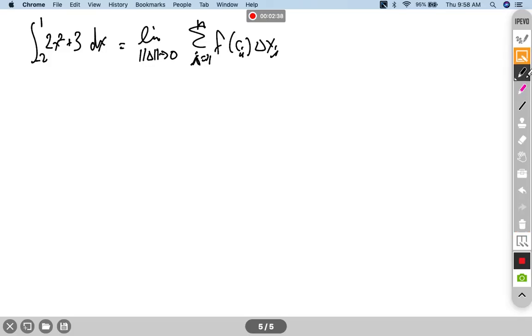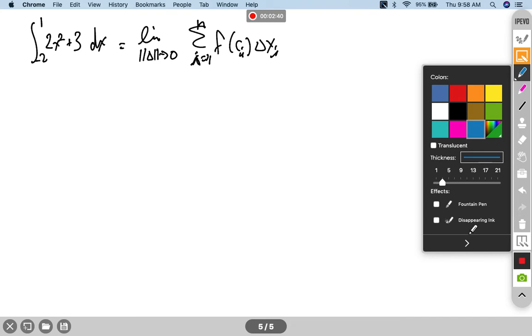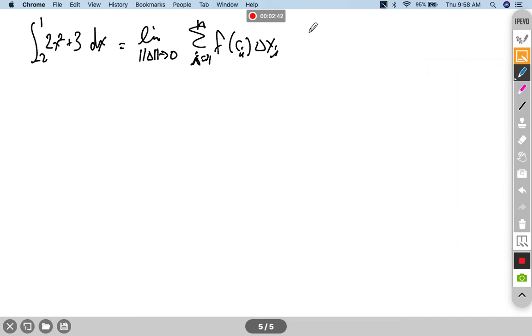I'm going to again go for regular partitions. So I'm going to make delta x be 1 minus negative 2 over n, or 3 over n. And I'm going to make my c sub i the same thing I did on that other one, negative 2 plus 3i over n.